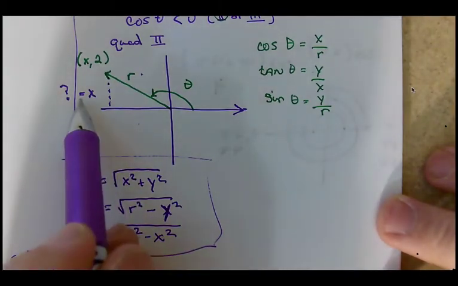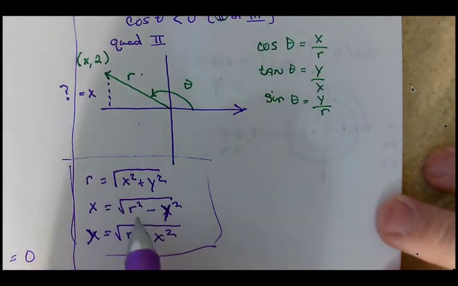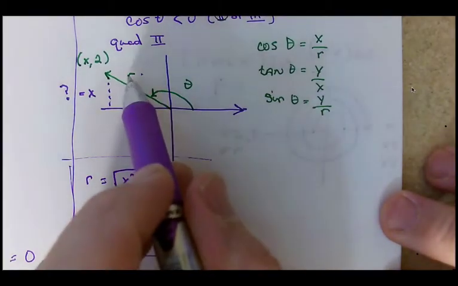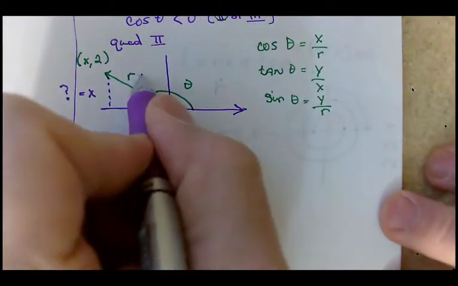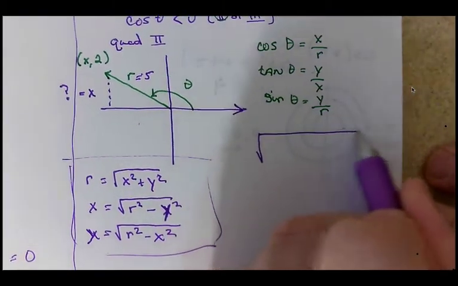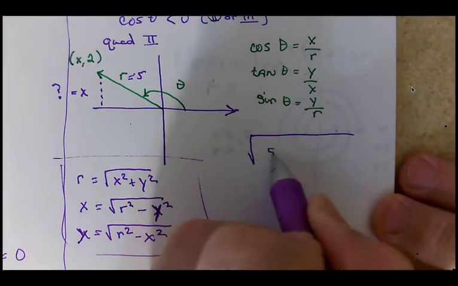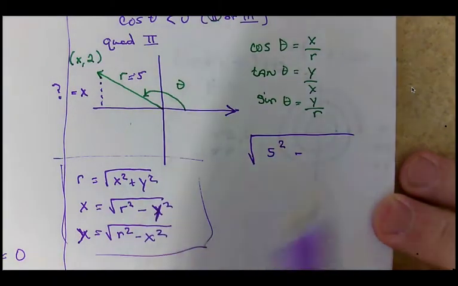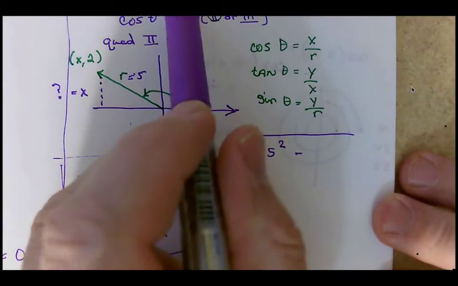Now, the one we need is x. So we have r squared, and in this case r is equal to 5, so 5 squared minus y squared, where y is 2.